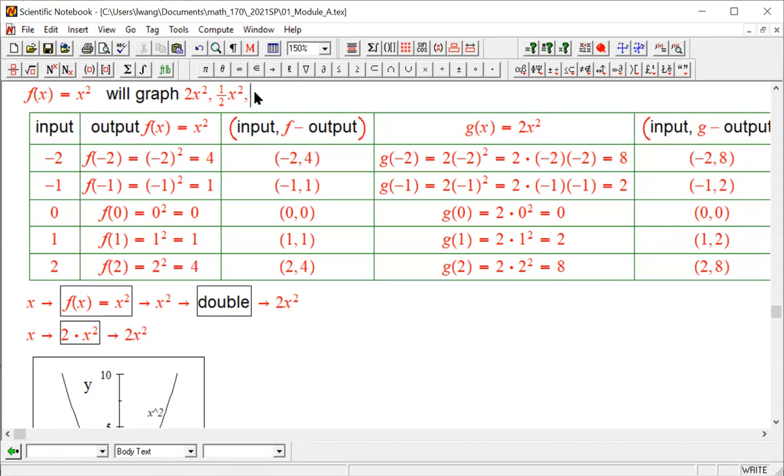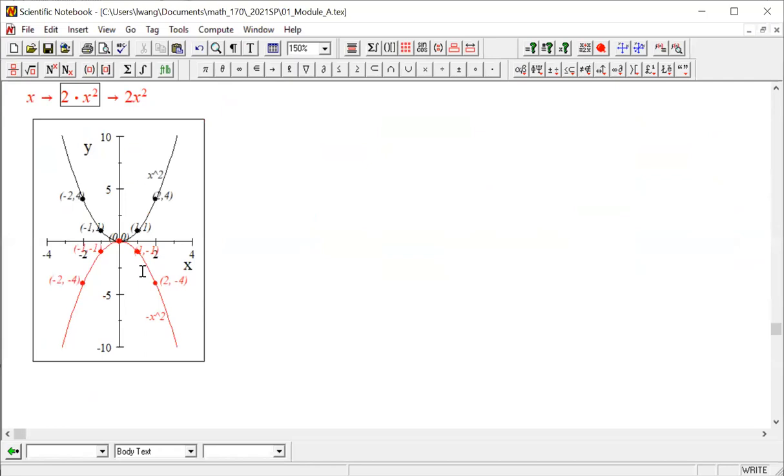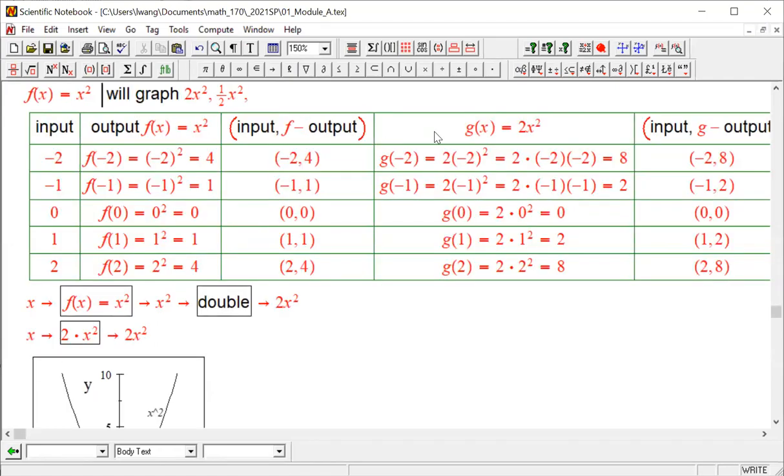All right, welcome back. We graphed f of x equals x squared and negative x squared, which we got the picture here. And now we want to graph 2 times x squared. This is a new rule, okay?